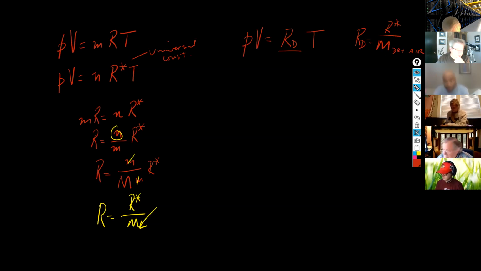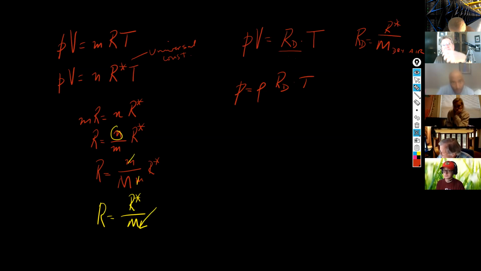And that's a number that we calculated by looking at the contributions of each gas, what each gas weighs. We came up with the apparent molecular weight. But because I want to go over this, I think it's easier if we go P equals rho R_d times T. But we said that we can't just use T if we're using the gas constant for dry air, because the air might have some water vapor in it, so it's better to use virtual temperature.